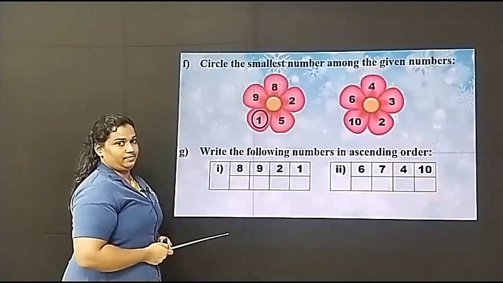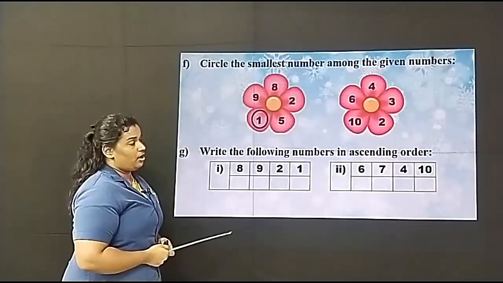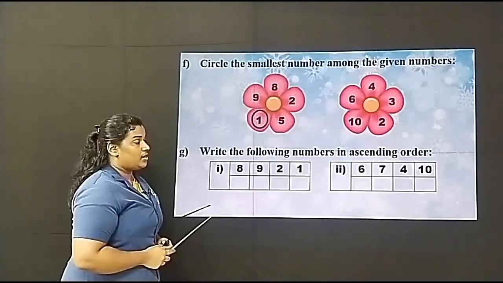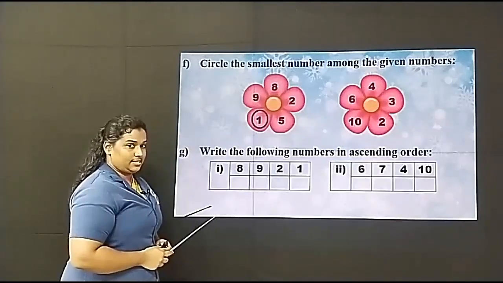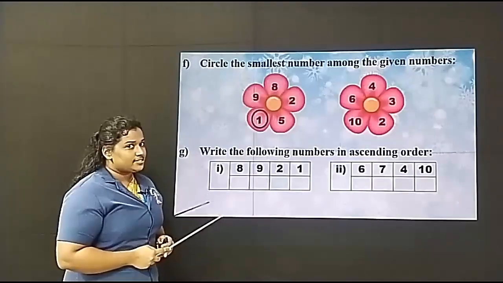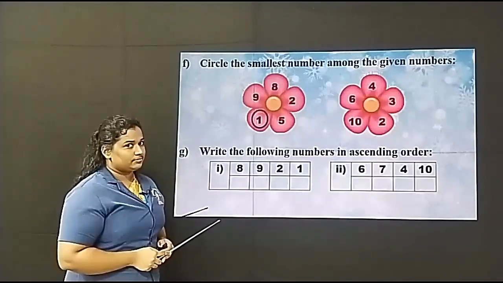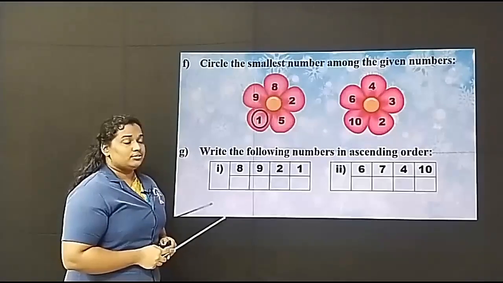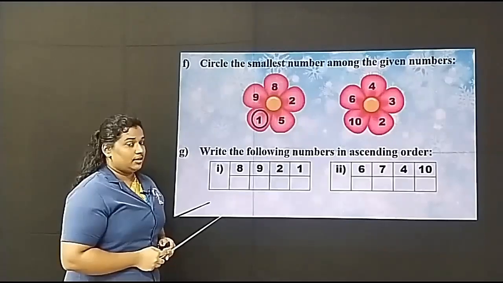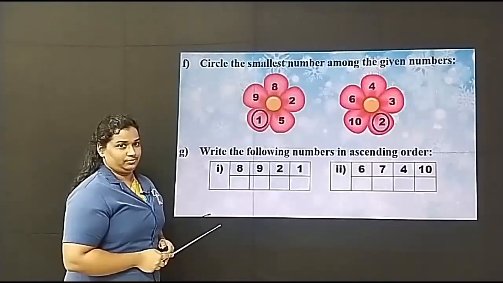Next flower. Given numbers are 4, 3, 2, 10 and 6. Among the given numbers, which is the smallest number? Yes, 2 is the smallest number. So, we have to circle number 2.